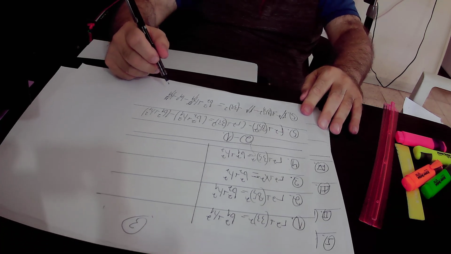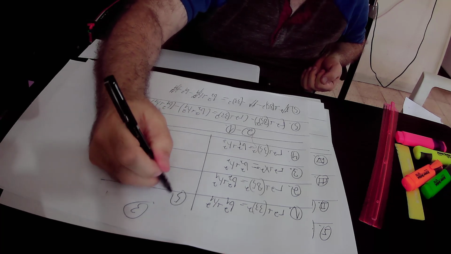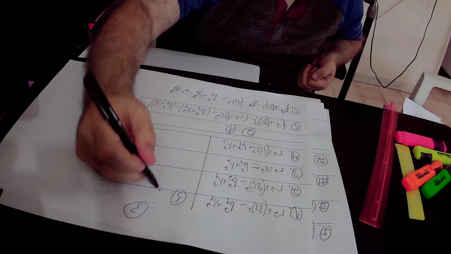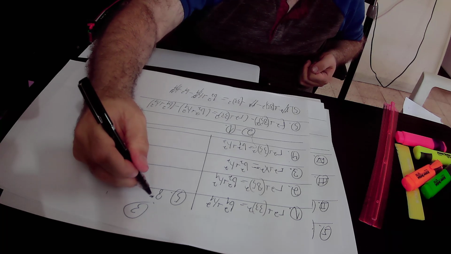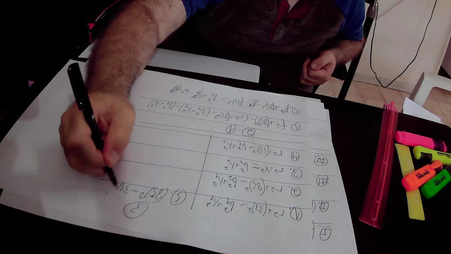So what is left from equation number 5 after we cancel those two expressions? On this side of equation number 5 we are left only with 85 squared minus 33 squared.